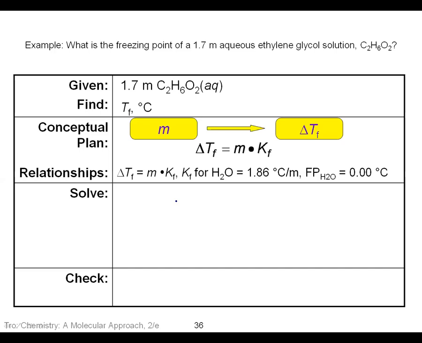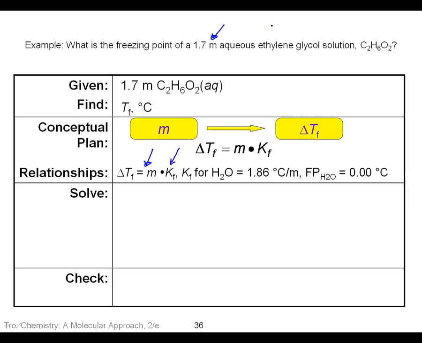Okay, let's take a look here. We're dealing with freezing point, so we want to use our freezing point depression equation. In this particular case, they gave us the molality off the bat. If they don't, then you sometimes have to calculate it. The Kf, we would go to the table and look it up. The key here is it says aqueous.